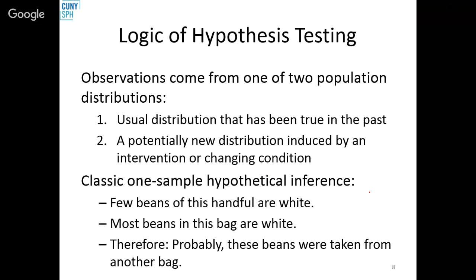Therefore, this handful that I have is probably not from this bag of beans because it's too different. That's really as simple as that. You know what is in this bag, you observe this little bit, and based on how different it is from that bag, you either say, I don't believe it came from that bag, or it could have come from that bag.